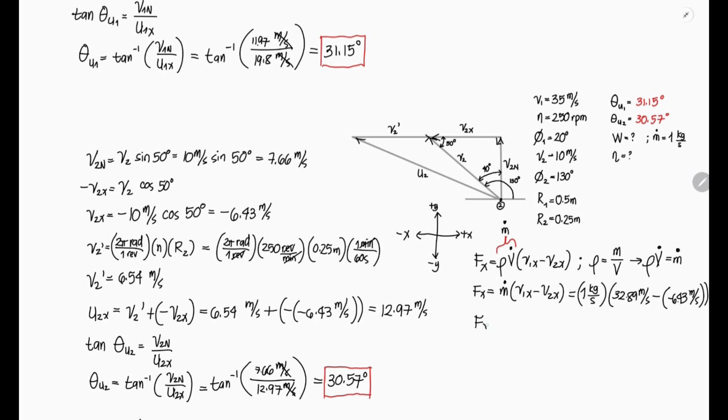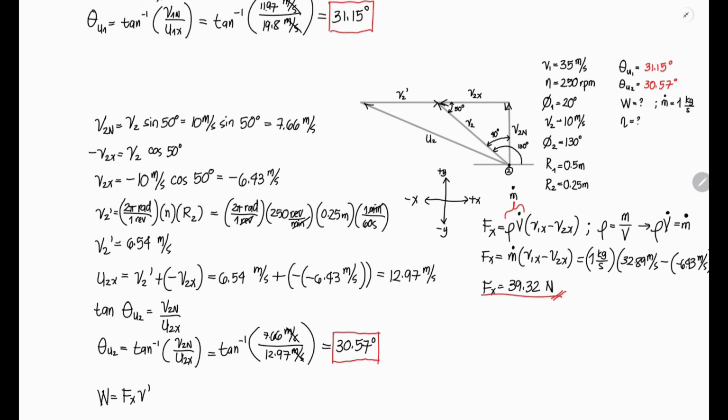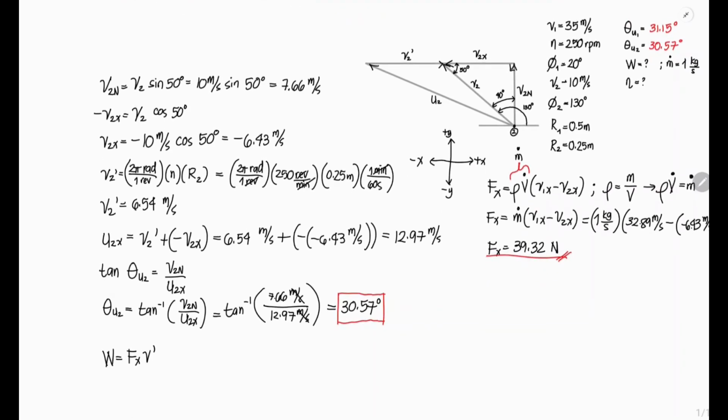So F of x therefore is equal to 39.32 Newton. So paano naging Newton? Kilogram multiplied to meter per second squared. So second times second, that is second squared. Kilogram meter per second squared is Newton. So this is now our F of x.